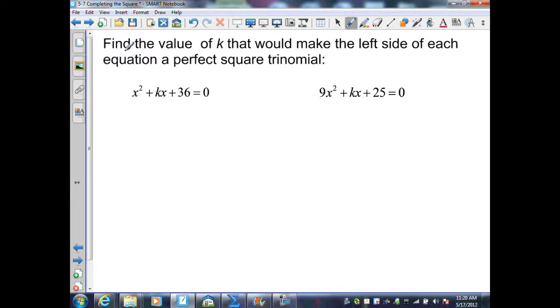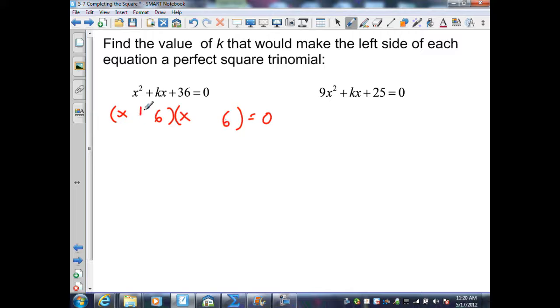On the last examples, they want me to find the value of k that would make the left side of each equation a perfect trinomial. Here, all I have to do essentially is to factor this. This would be x and x. And this would break up into 6 and 6.